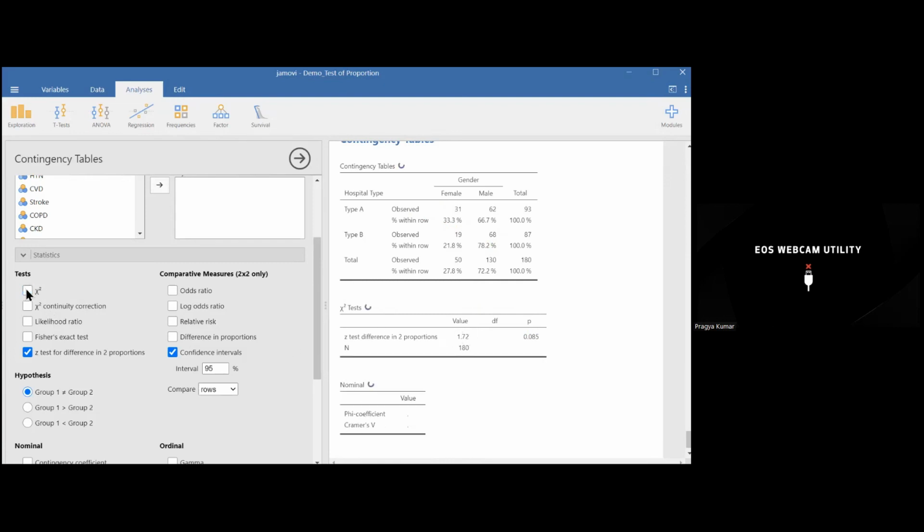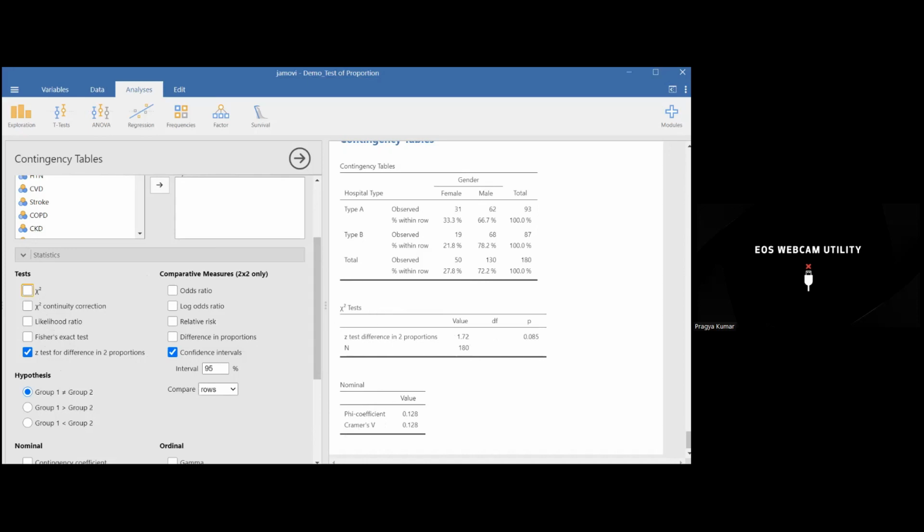Many times by mistake, we have seen people doing the chi-square test of association instead of the chi-square test of difference in two proportion. But if there is a binomial proportion and the two samples are taken independently from the beginning, and you want to compare, then you should use this chi-square test of two proportion.